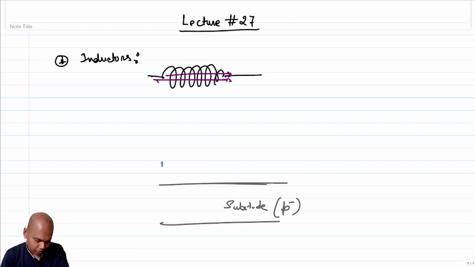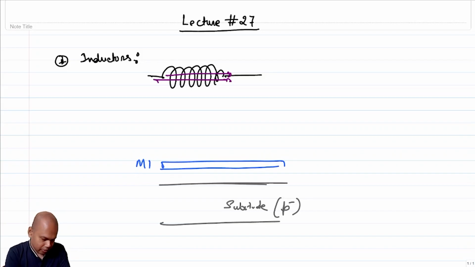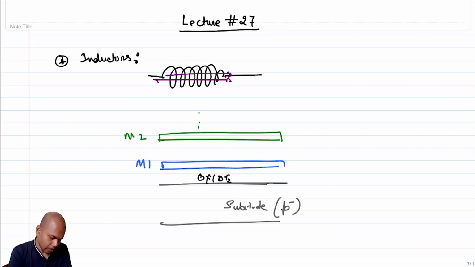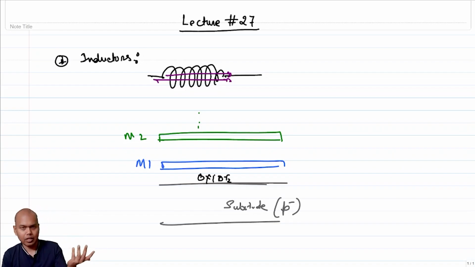You have one metal layer here, so I call this M1, and by the way, this is oxide here. In between you have oxide, then you have M2, and so on, right? Depending upon which technology you have, you can have 3, 4, 5, 6, 7, 8, 9 metal layers, one on top of the other, right?